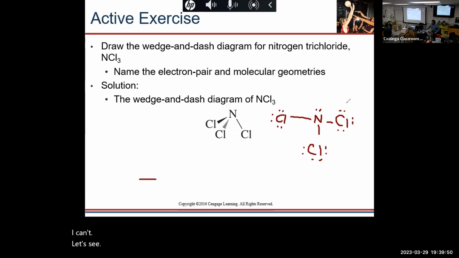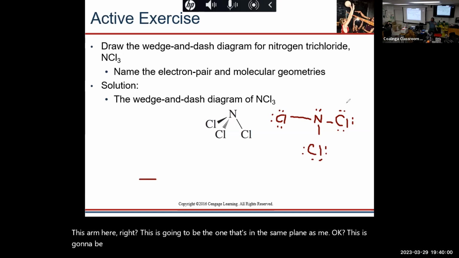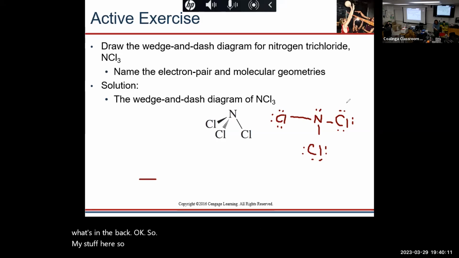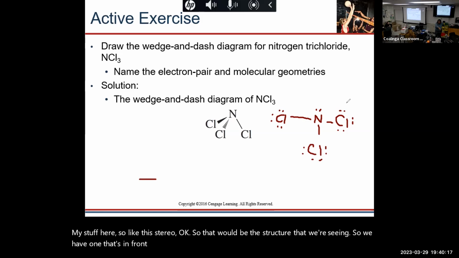So it's like this arm here, right? This is going to be the one that's in the same plane as me. This is going to be my arm here, what's in front, and then my arm back here is going to be what's in the back. So we have one that's in front, one on the side, and one in the back.